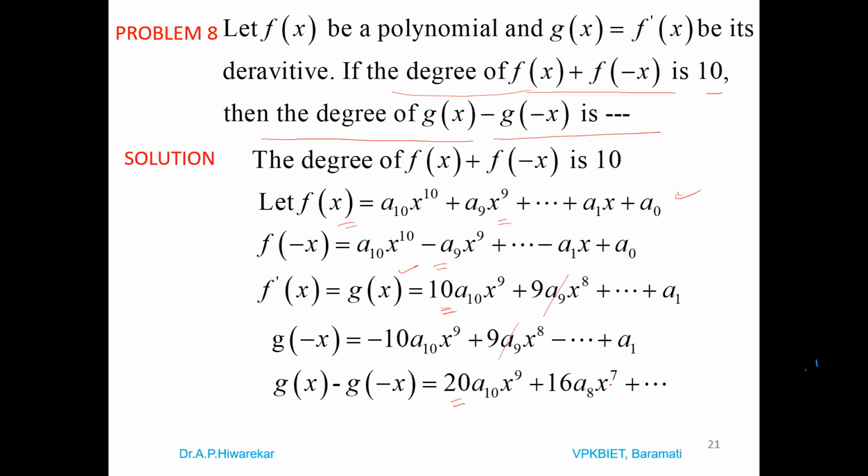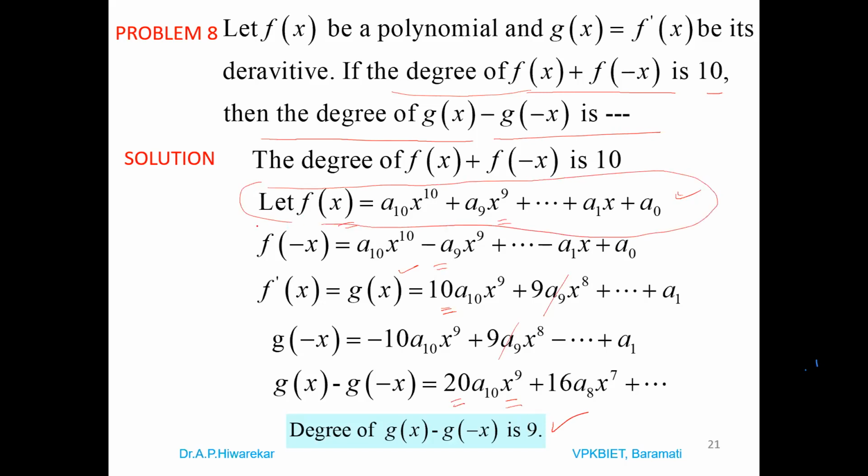It is not required to calculate all these terms. We are only interested in the degree. So the highest x power appears in this term. Obviously, it is x power 9. So the degree of g(x) minus g of minus x is 9. In this problem, the most important step is the assumption.